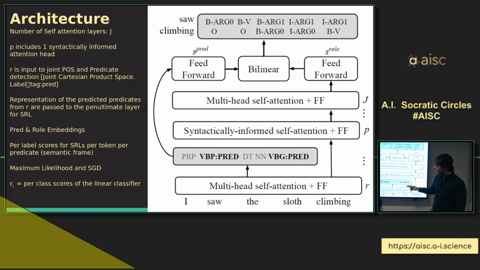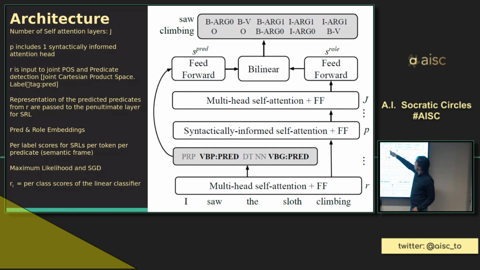And R sub T would be the per class scores of the linear classifier. So this is just a linear classifier that decides which one of these is a verb, subject, object, so part of speech tags, as well as which one of them is or is not a predicate. For climbing, you see that the output is O and O. What that means is that those are not even in the picture. For climbing, those are irrelevant.